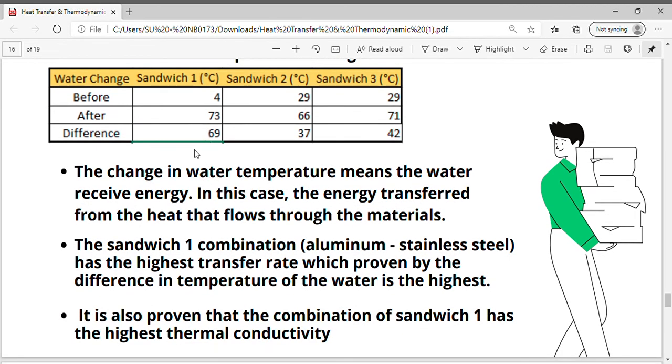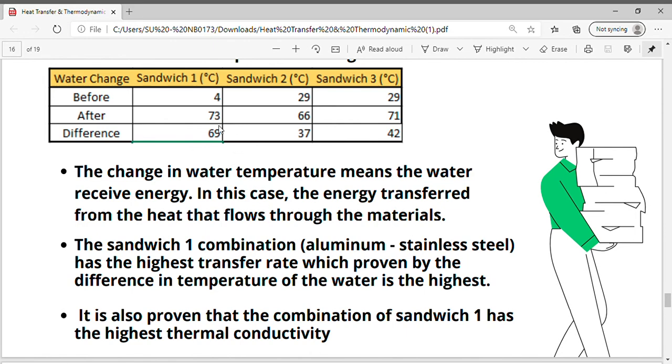It has a correlation with the high thermal conductivity of aluminum and stainless steel. The large difference of temperature also shows that this combination has the highest total thermal conductivity compared to the others.